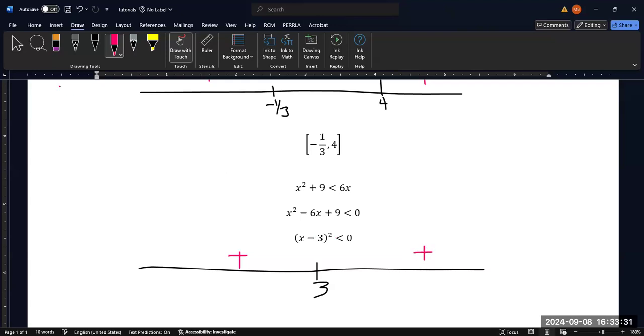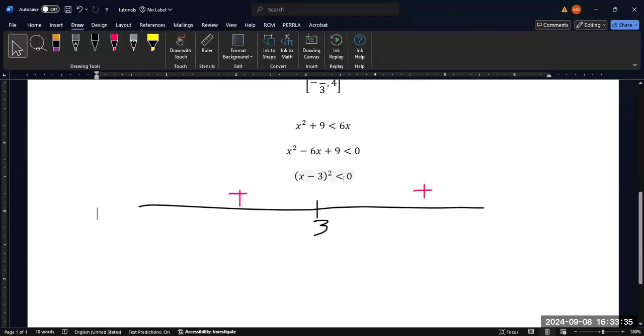So this is also positive. Now, in this particular case, it's never less than 0. It's exactly 0 at 3. You can say the empty set. It's exactly 0 at 3, but it's never less than 0.